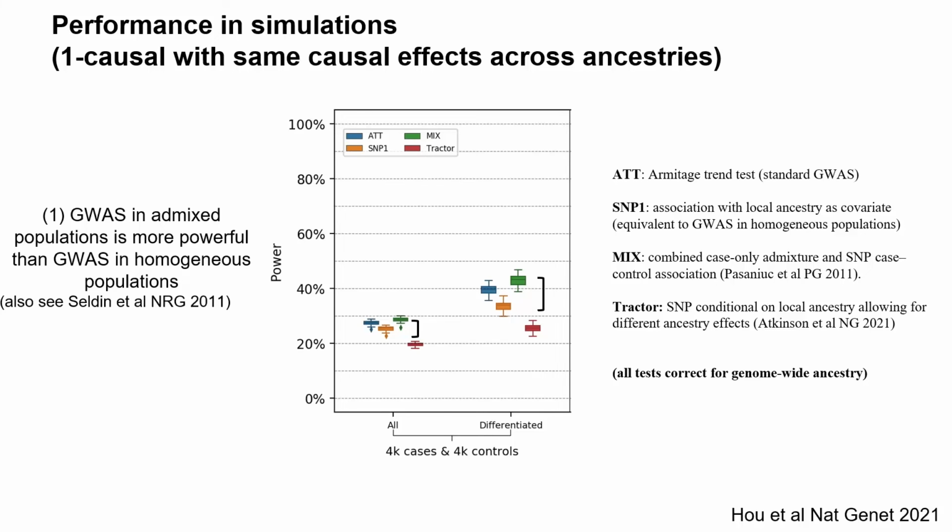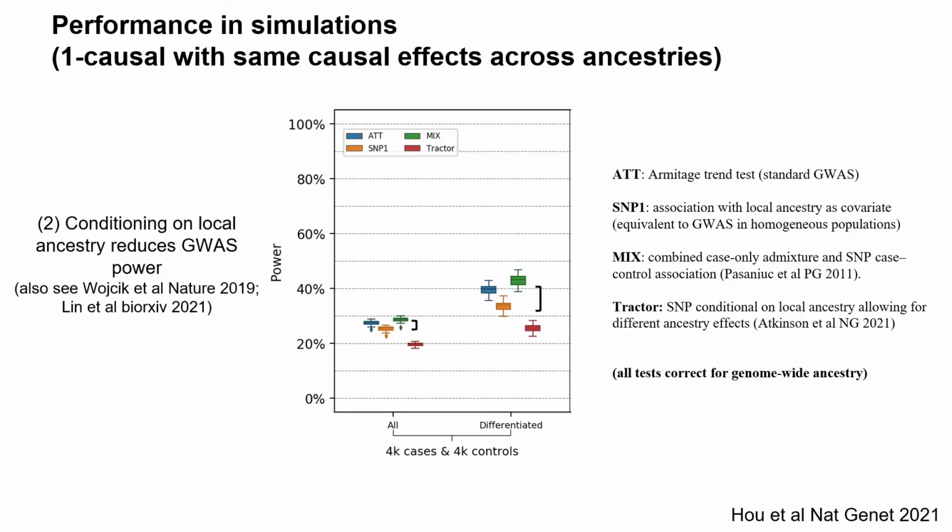On average, every SNP is slightly differentiated. So per individual that you add to a GWAS, you're more powerful to detect disease-causing associations in mixed populations. The other part is, as you might expect, if you condition out the effect of local ancestry, you're removing some of the effect, and then you might lose some power.